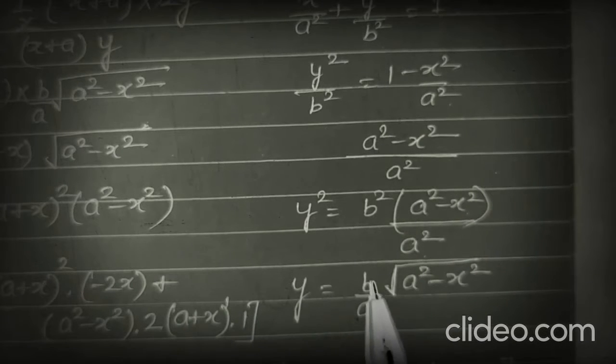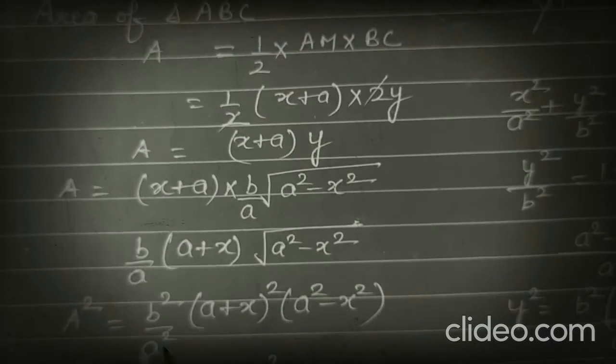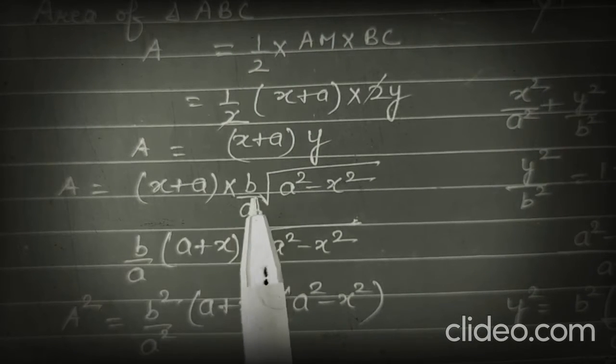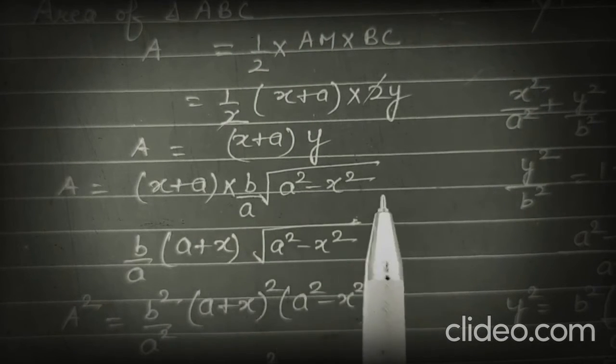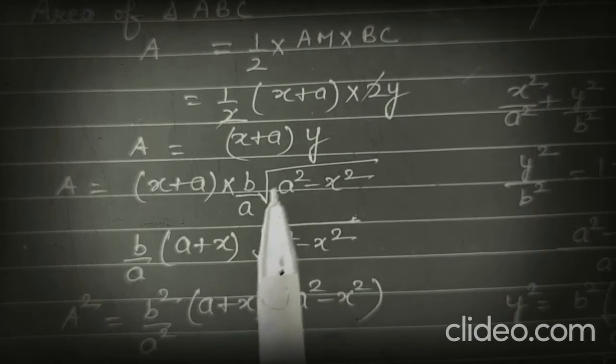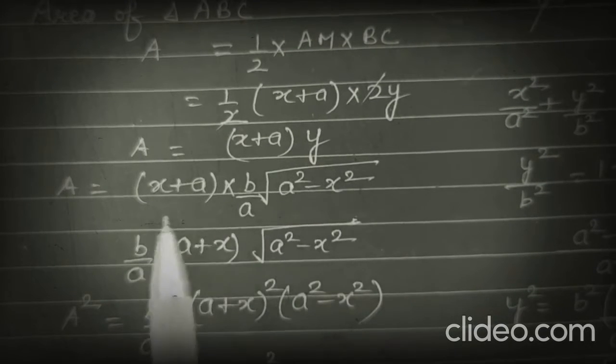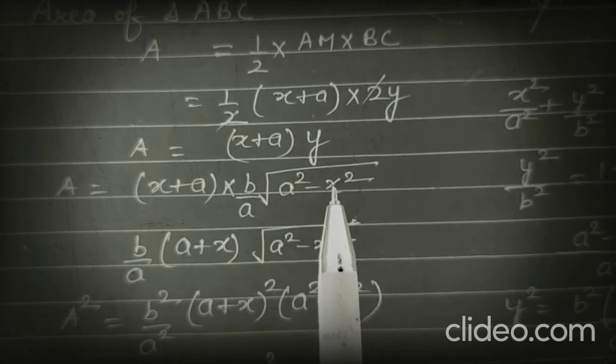So y will be b upon a into the square root of a square minus x square. Is it clear? So we will put y in this equation. A is equal to (x plus a) into b upon a into the square root of a square minus x square. Put the value of y here. Then this function is in one variable.